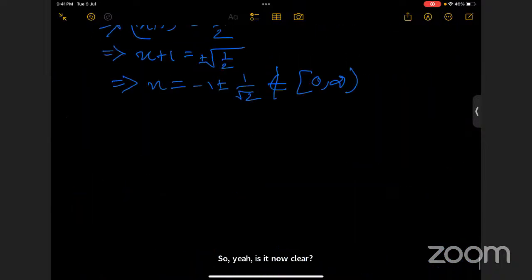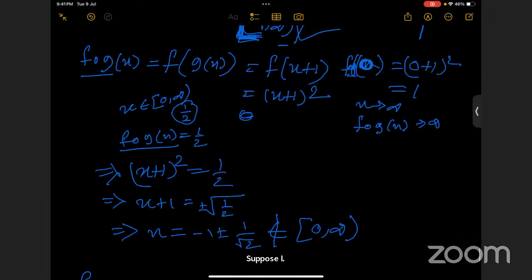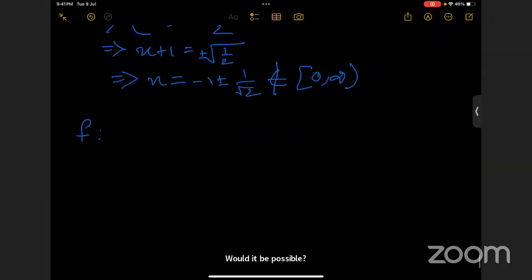We can work with some other examples. Ma'am, if it was x minus 2 square, then would it be possible? Okay, so f from R to R. You can now give some example and we will work on that. So you say x goes to x minus 2 square, right?